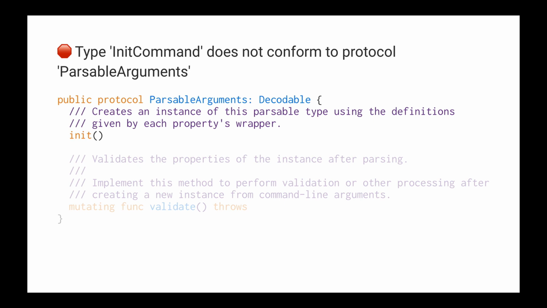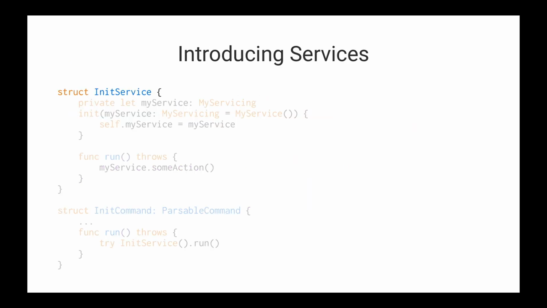So we took the opportunity to introduce something called services, and that means that every command has its own service. So InitCommand has InitService, and another command has another service. You get the point. And here we can just define our custom initializer as we would do normally. And then we have a similar function to the command just called run, where we can trigger some action on our injected service.